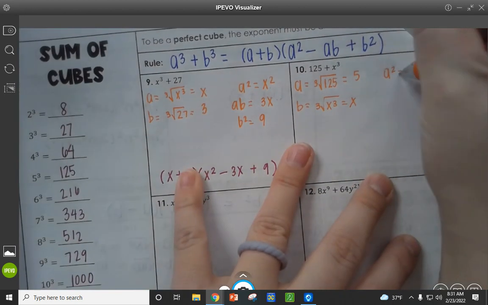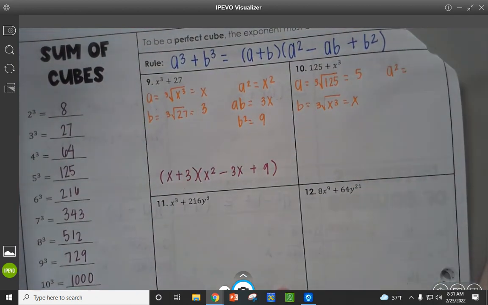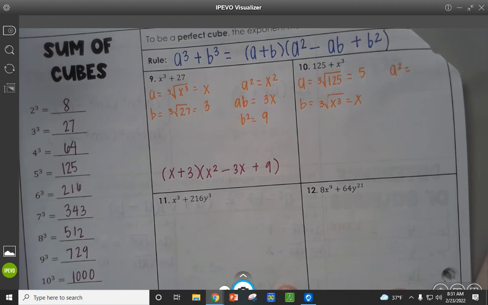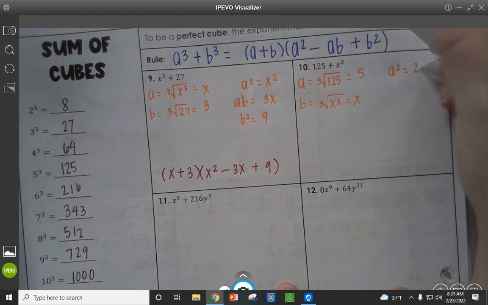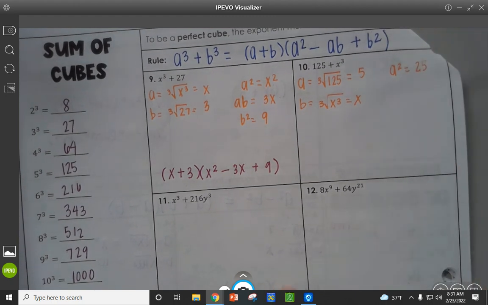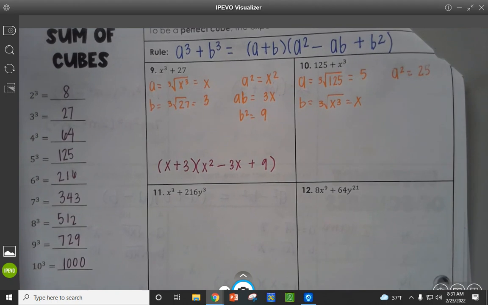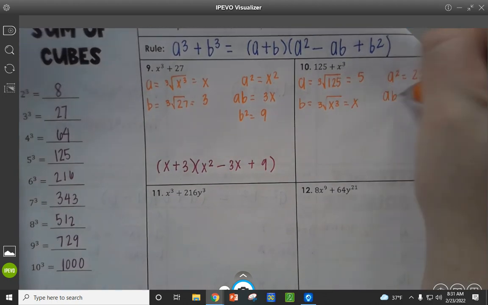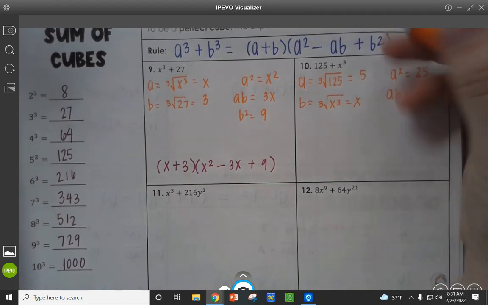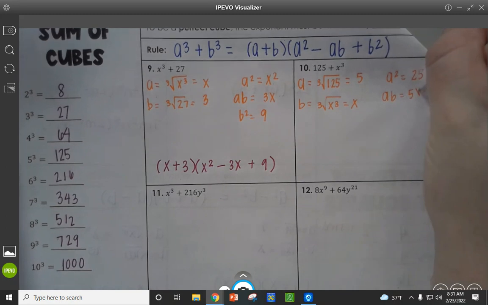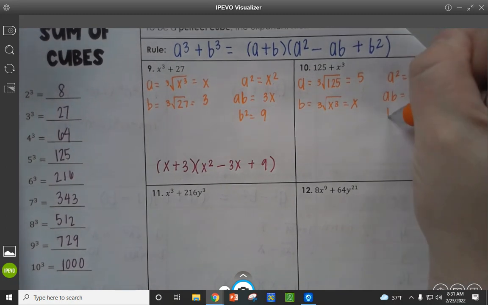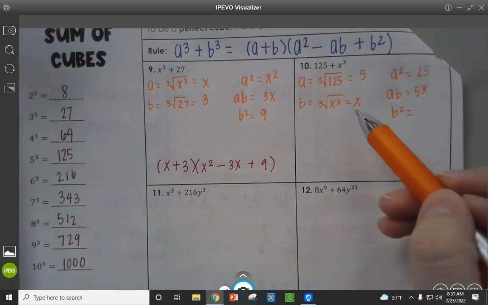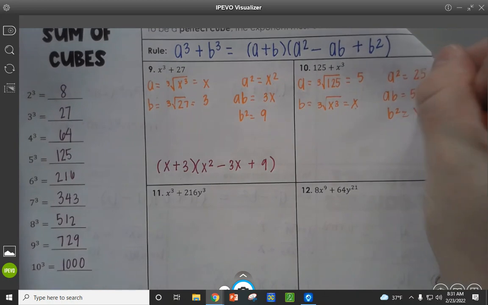So what is my A squared? 25. If my A is 5, 5 squared is 25. Then AB, if you multiply those, you get 5x. And B squared would be x squared.